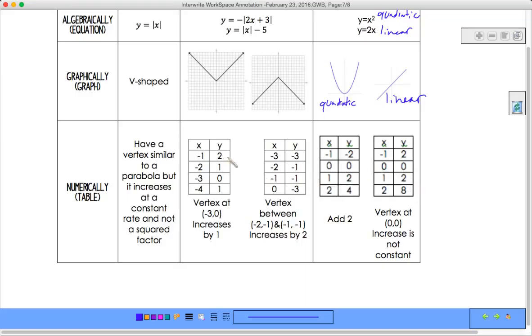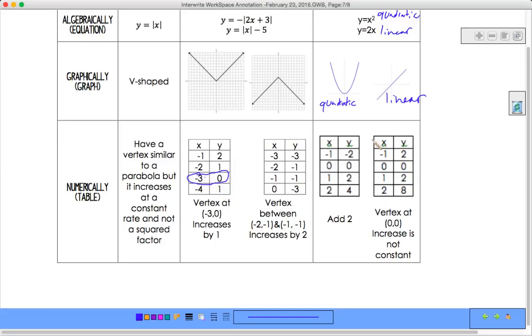Okay? Over here, if we look at this one, it has a vertex. I can still see the vertex. See that right there? That's the vertex because I have a 1 on the other side, I have a 2 here, and if I did another 1 over here, I'd have a 2 here. I have the symmetry. Okay, so it has that pattern, just like this one has the symmetry, 2, 0, 2, 8. It's got symmetry.